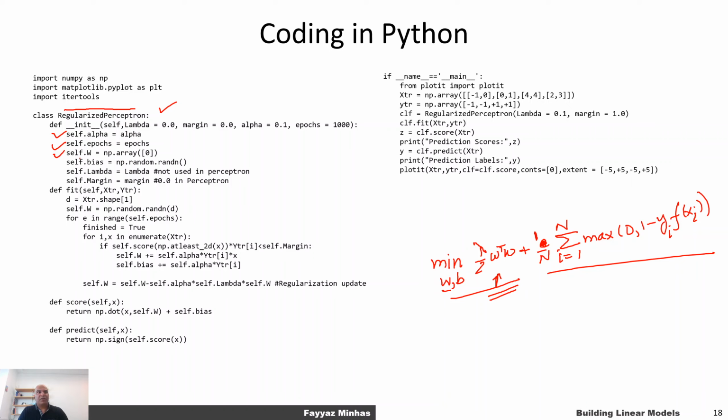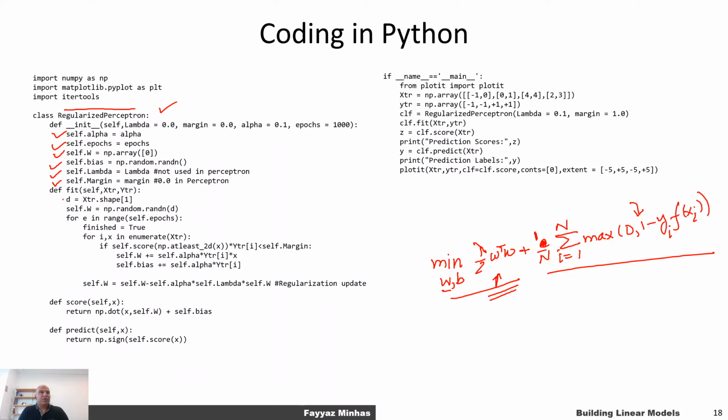What is the starting weight vector? We just specify 0. What is the bias value? Again, we can start with 0 or with any small random number; it doesn't really matter. Then we have the lambda parameter, and what's the value of that? And then we have a margin, which is 1 in the case of a support vector machine. But a perceptron does not essentially have a margin, so this value is going to be 0.